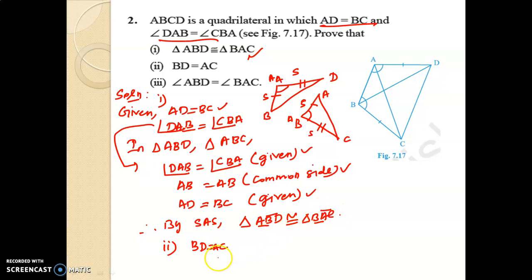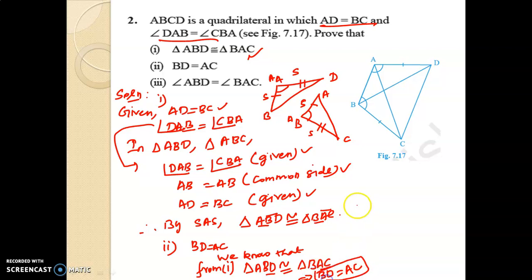So from the first subdivision, triangle ABD is congruent to triangle BAC. From this the last two are equal because of congruency, which implies BD equal to AC. That is our second proof.